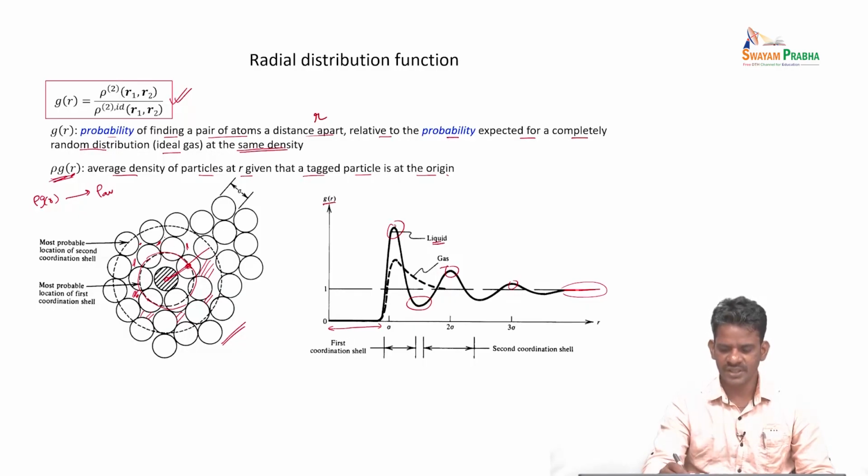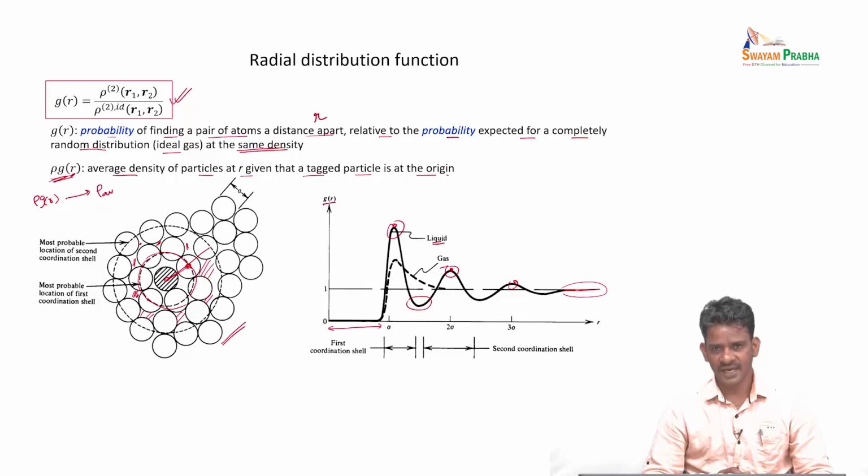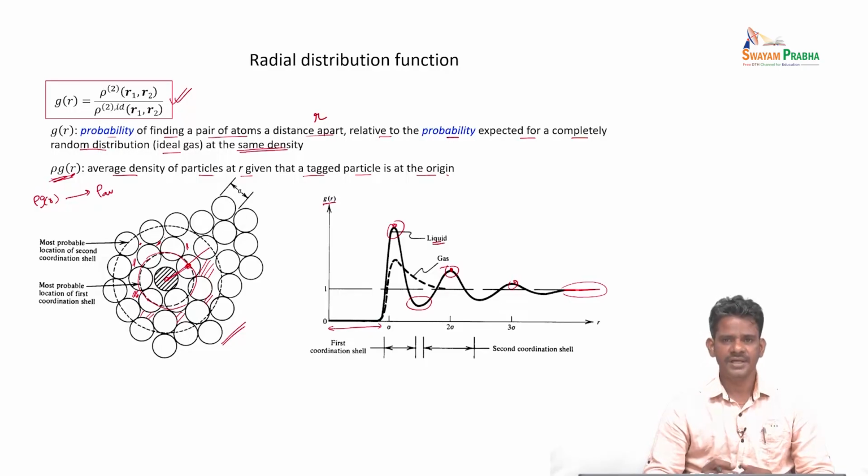That's why you can see the peak value goes down as you go far away from the tagged particle. So in the liquid case, it is much denser, and the neighbors feel the interaction at a little farther distance, because of which you see multiple peaks at some designated positions.